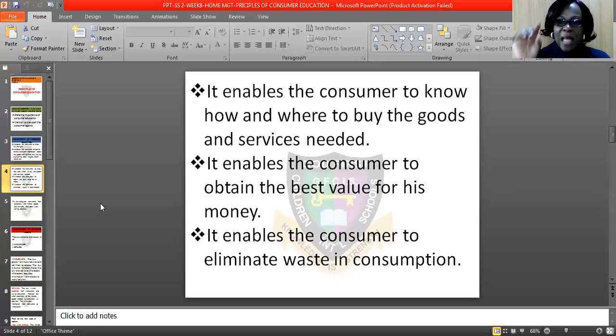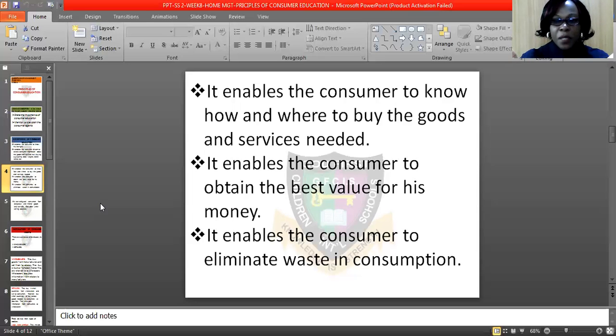Now, another point is that it enables the consumer to obtain the best value of his money. Take for instance, I want to buy maybe 5 pieces of apple, and the seller says it is 2,000 naira. Looking at these apples, they are not worth the money I want to pay. Maybe they have bruises on the body, the colors have started fading, and so on.